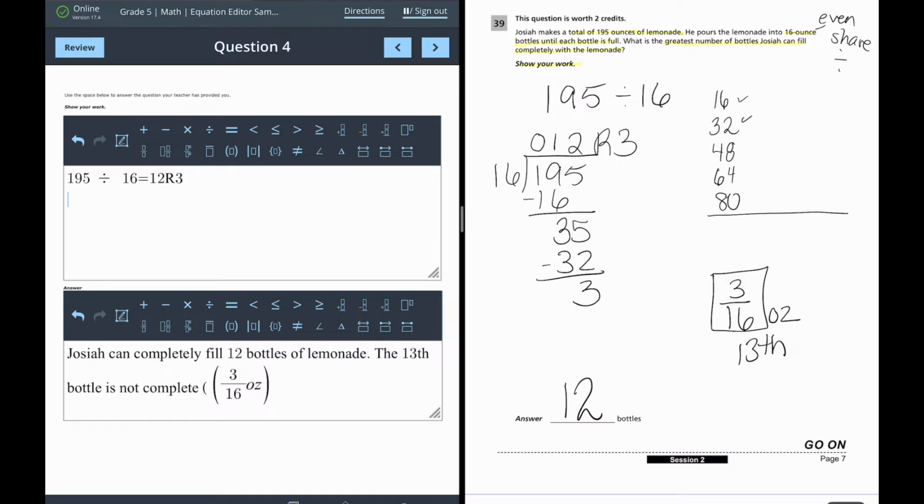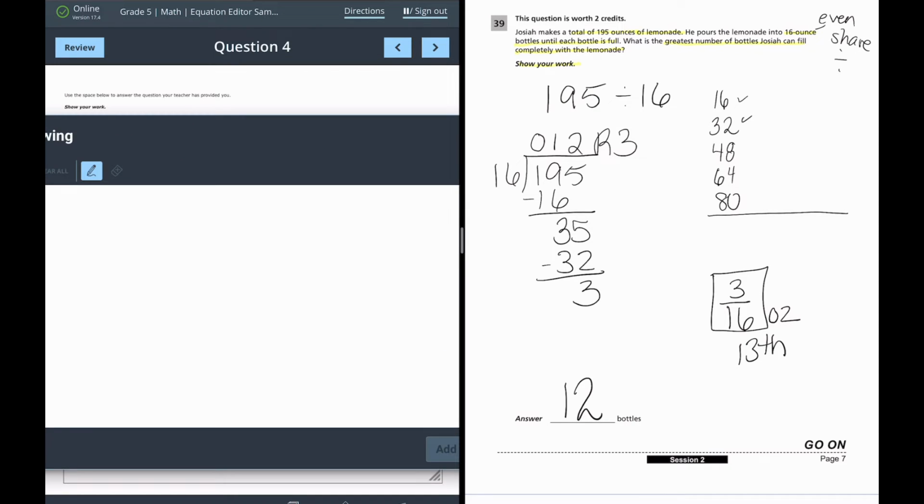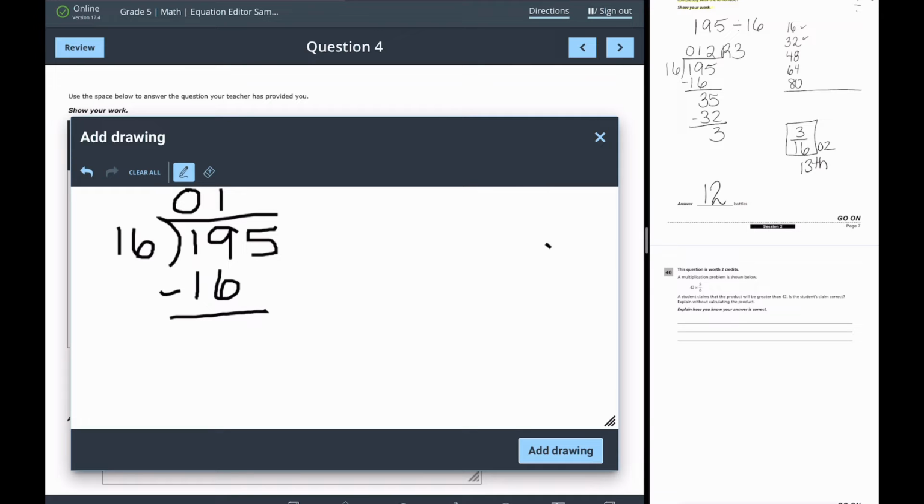To show my work, I'm going to hit this little box here, so I can actually draw it. And I can put the 195, and I'm drawing with my finger. And I'm just copying what I already did. And this is why I like to do it on paper first, because now I'm not thinking, I'm just copying down.